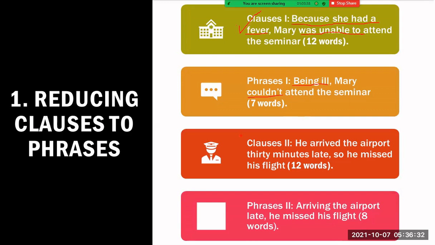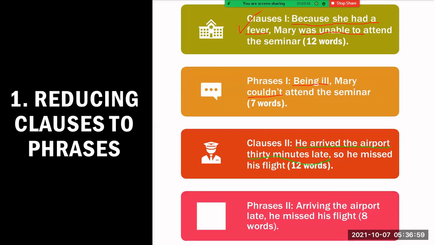Let's look at the second example, which we call clauses 2. He arrived at the airport 30 minutes late. This is a main clause. He arrived at the airport 30 minutes late.